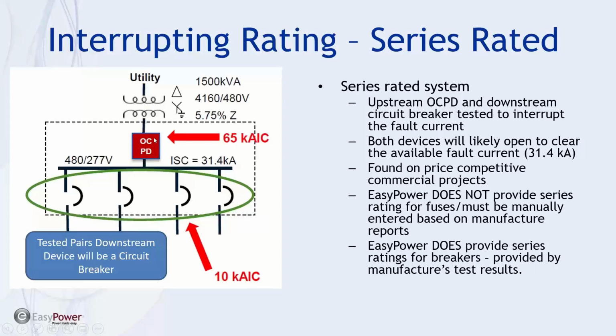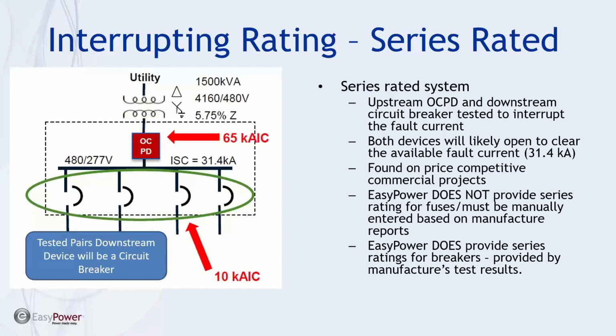In this case, we're using a fuse that's rated for 65,000 amps, and the manufacturer of the breakers has tested the potential survival of this type of device when subjected to the rating current of the upstream fuse. So both devices are likely to clear on the available fault current of 31,000 amps.